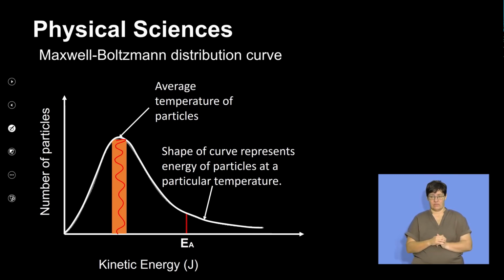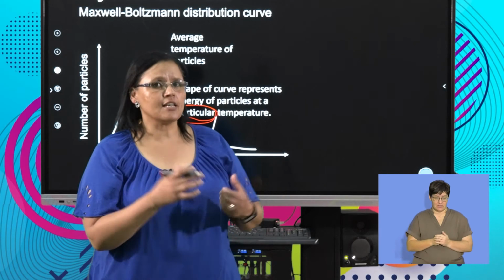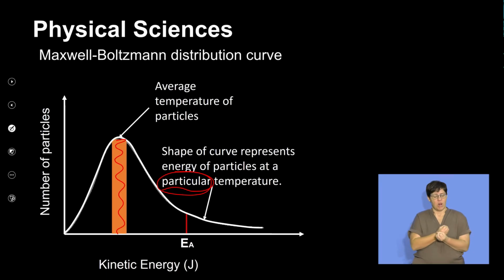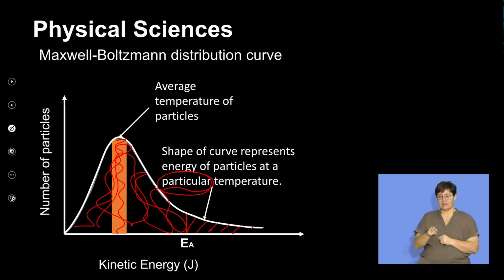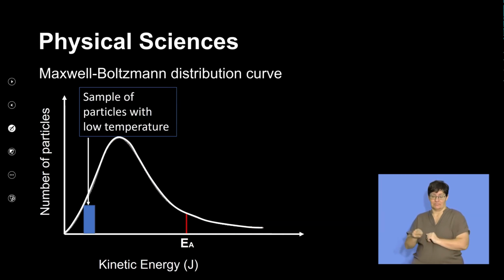Then if we look at the shape of the curve, this is a normal curve, but this shape is at a certain temperature. At this certain temperature, we have a lot of particles here, and all these particles move and collide, but only that part of the particles will have effective collisions, and those effective collisions lead to product.